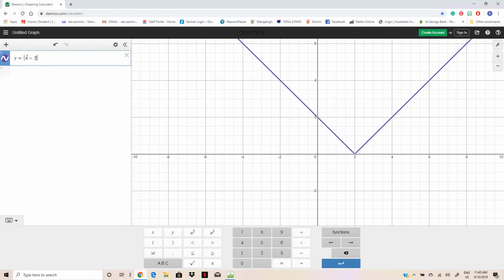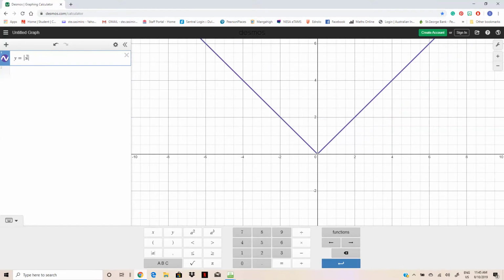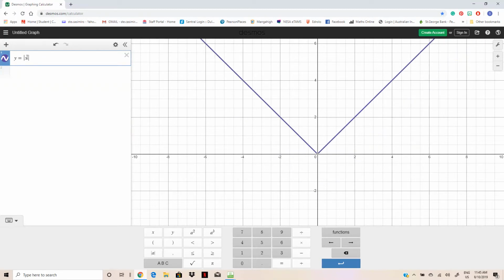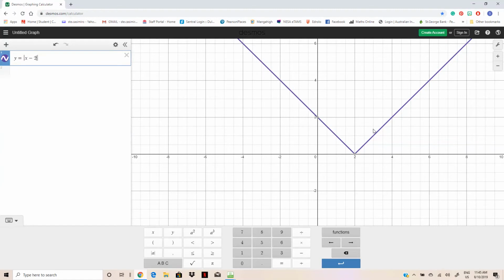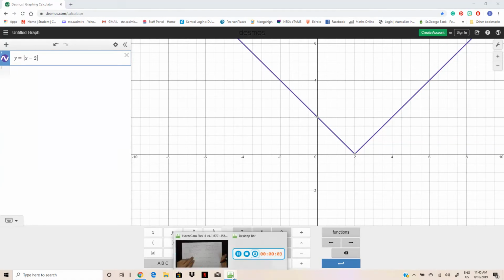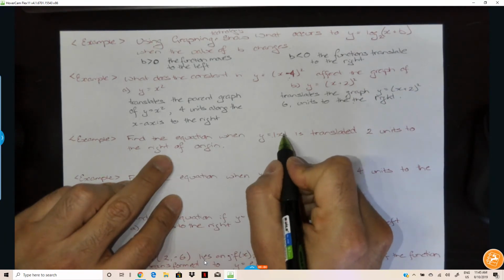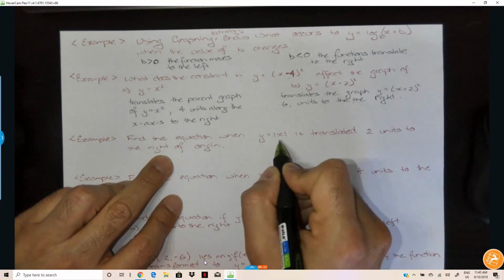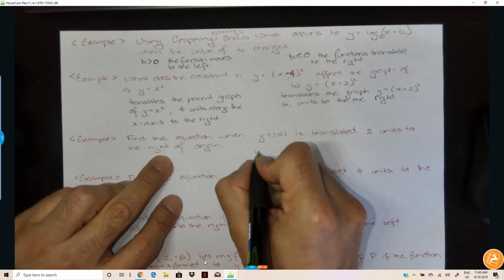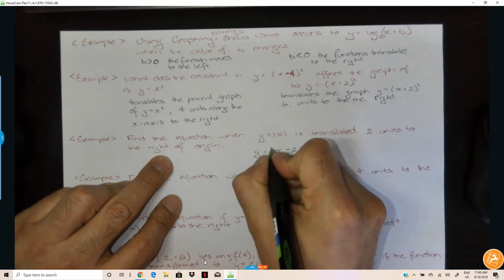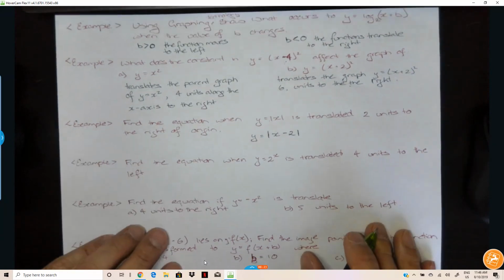I'm not going to put it on the outside because that's actually translating it down the y-axis. What I want is to have it inside the absolute symbol, because we're changing the x values. We're subtracting 2 from the x. So if I had x equals 0, it now becomes minus 2. So this is going to be absolute of x minus 2. Okay, that's a new translation.